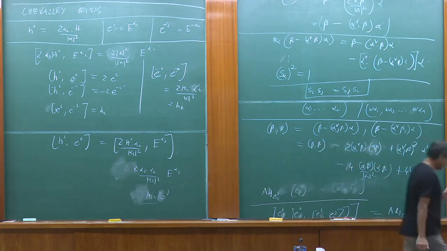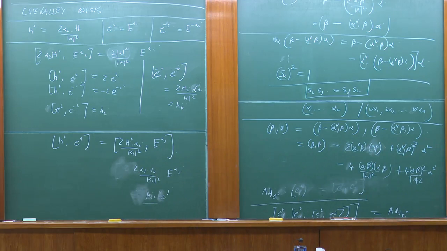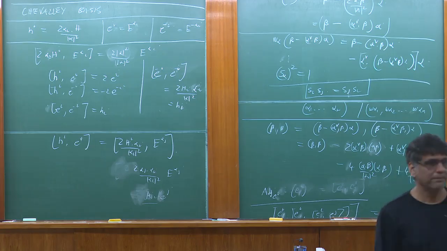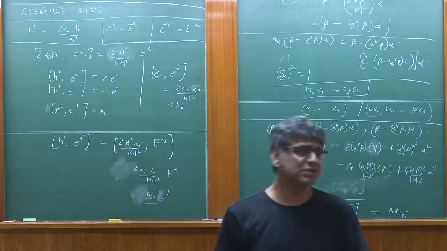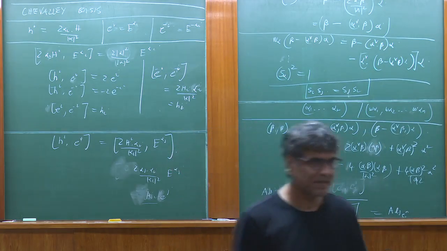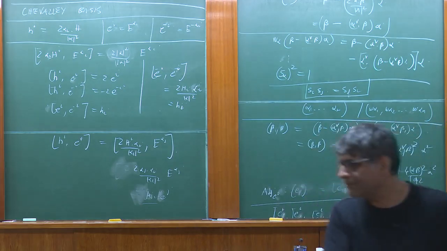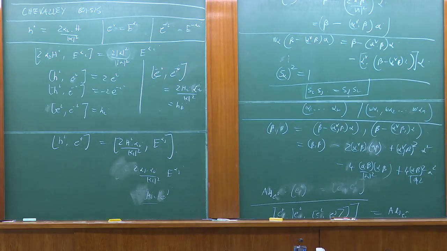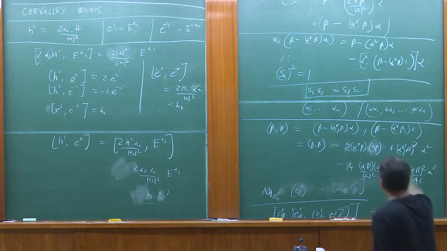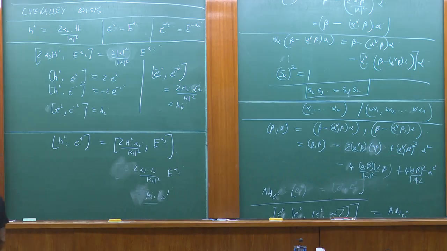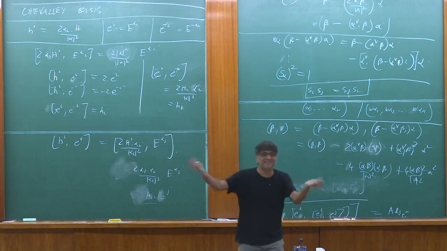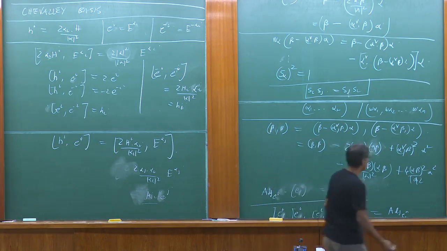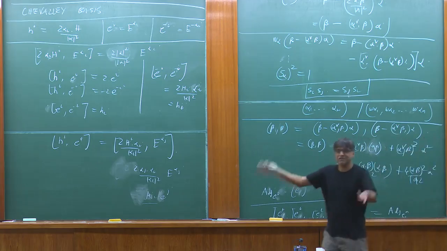Now, in the same way that we acted with Weyl reflections on roots, we can also act with Weyl reflection on weights. Because all weights also define some representation of the SU2 generated by alpha. So we can also reflect that weight. Once again the reflection is by acting with some integer number of alphas. In the derivation that we worked out for what integer it was, we didn't use the property that beta was a root. And so you get the same formula for the action of Weyl reflection on weights.